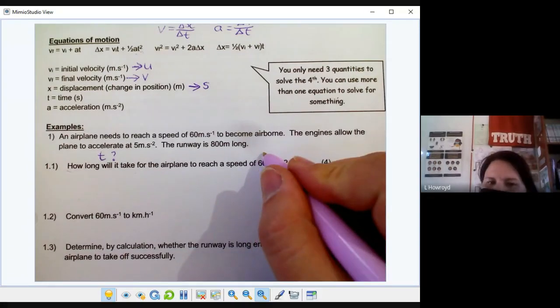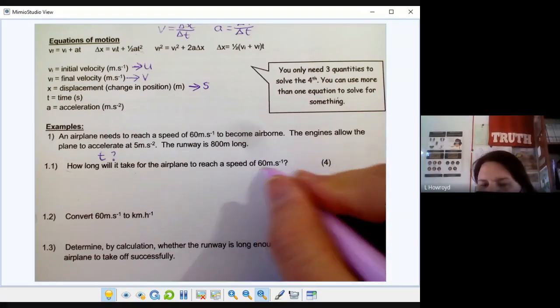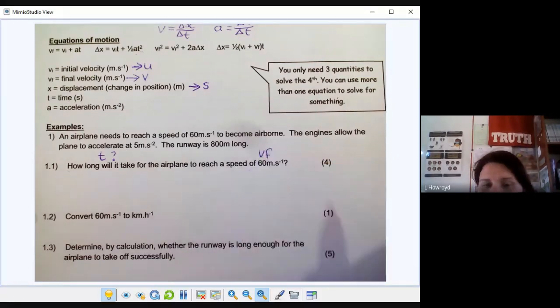What would our 60 meters per second be? We know it's a velocity, but is it the initial velocity or the final velocity? The final velocity. Okay. What else do we know? We do know the initial. The initial wasn't said to us, but we can assume the initial.